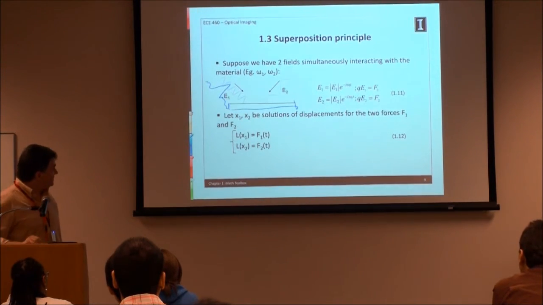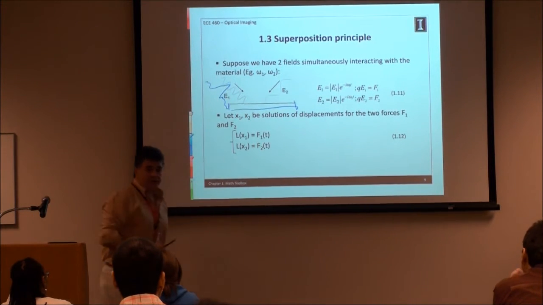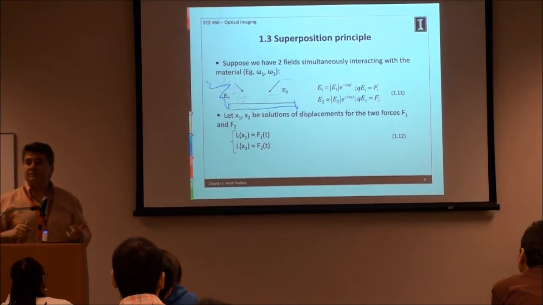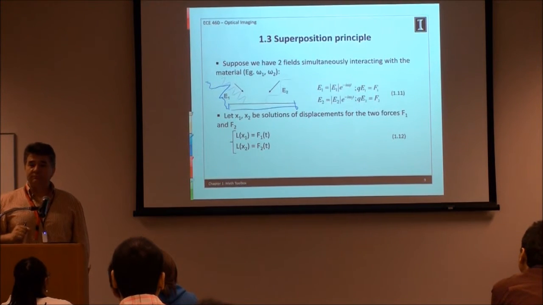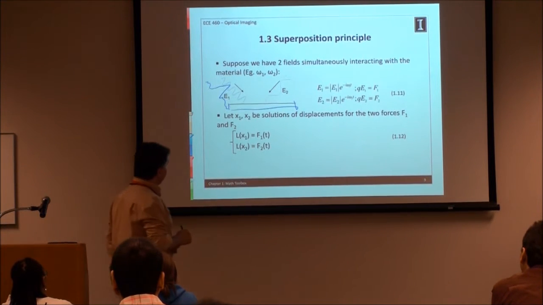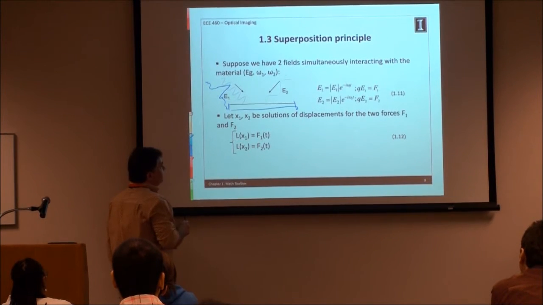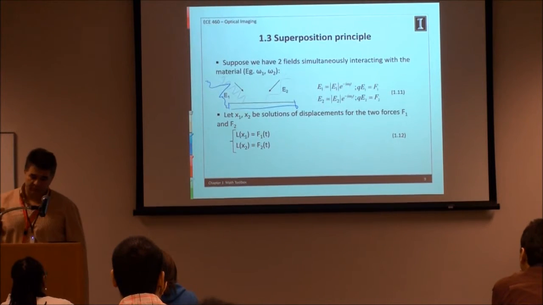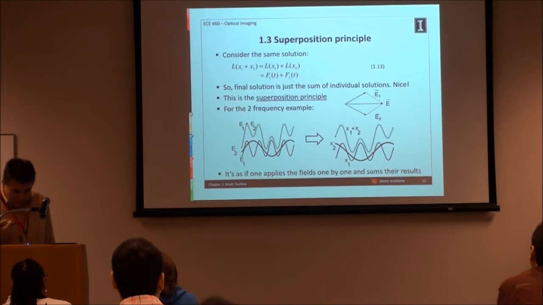The fact that my system is linear allows me to take pieces of this strange looking pulse and make them into some shapes that I like. In particular, I'm going to show you in a second, we like sinusoids very much. Okay? So, I take my general input, I break it into pieces that I understand and know how to calculate fast, and in the end I add the results. Okay? That's what I want you to remember from linear systems, at least in the concept of optics.